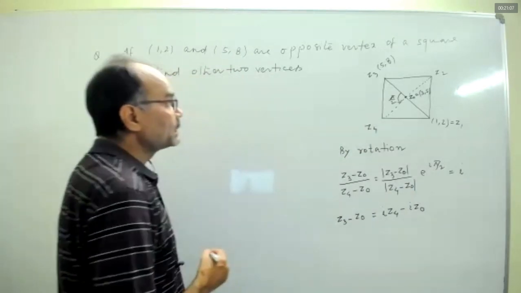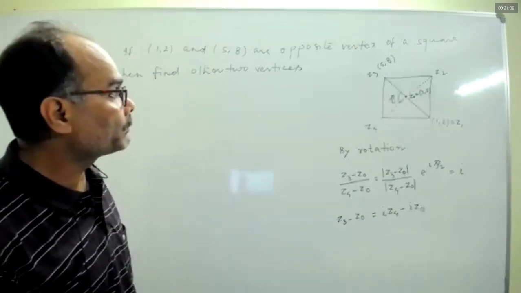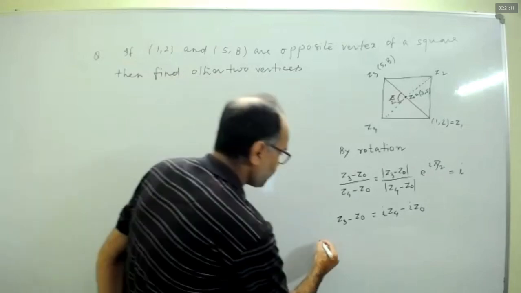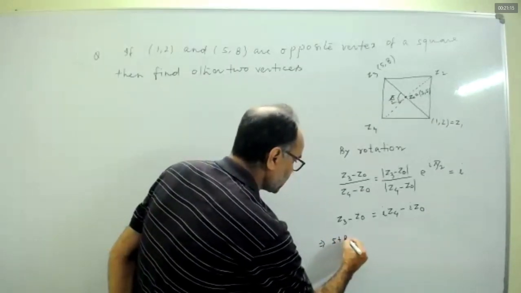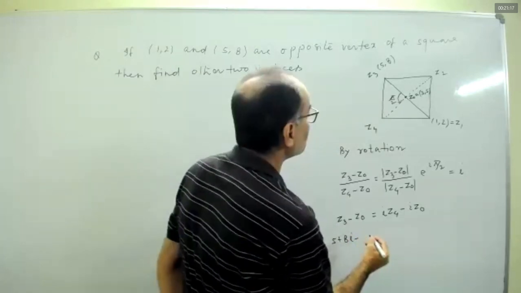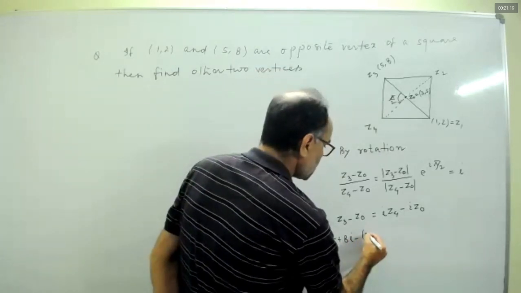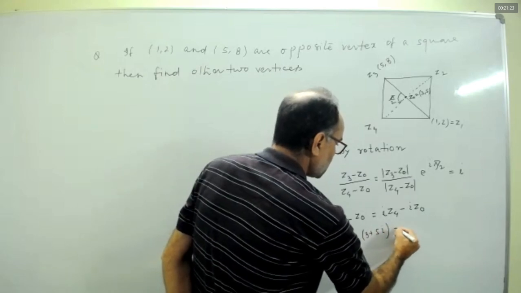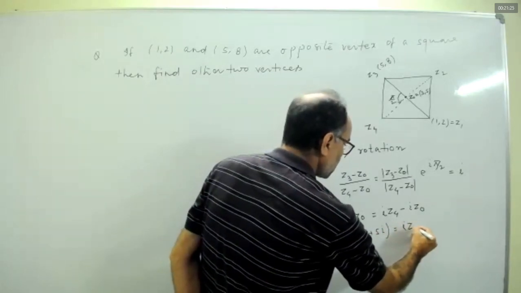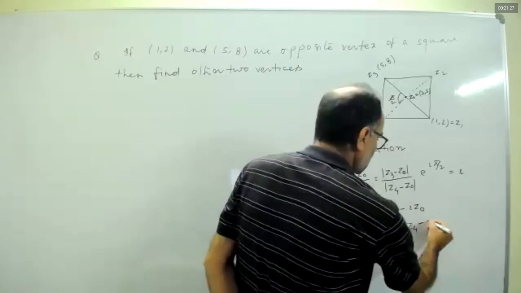Now Z3 is 5 plus 8i, minus Z0 which is 3 plus 5i, equals i Z4 minus i Z0.